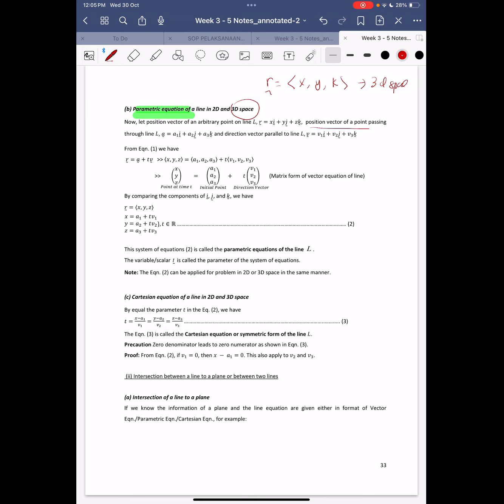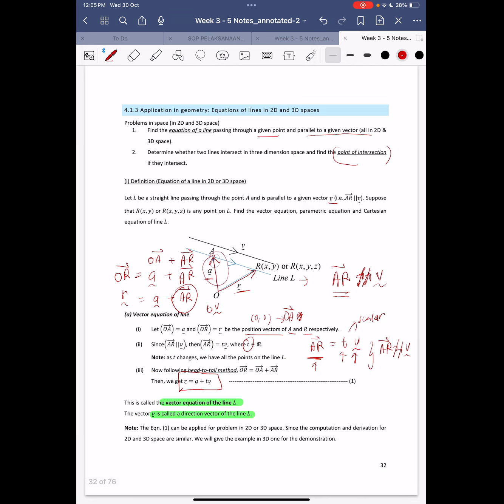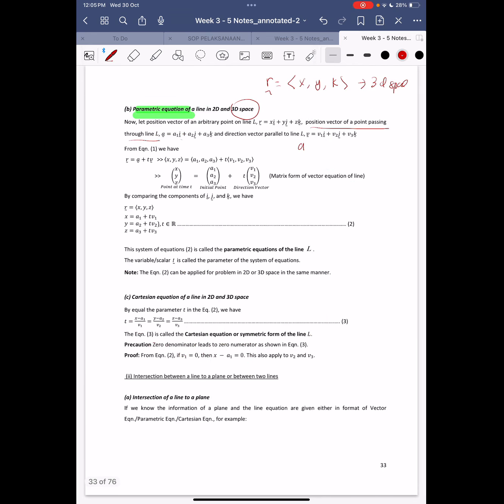The position vector of a point A on the line L can be denoted in 3D space as A1i plus A2j plus A3k.